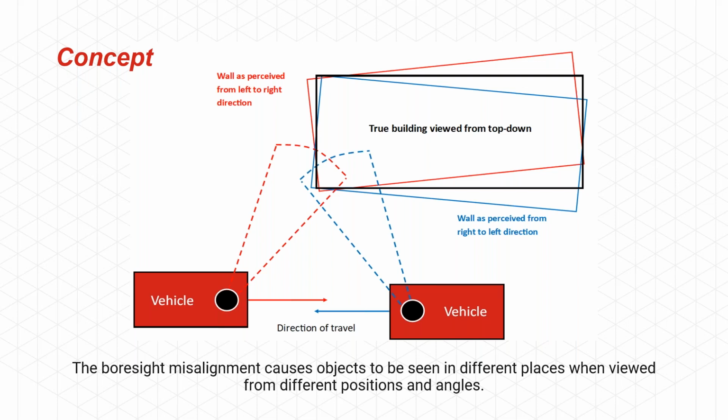Then if you view that same object from a different perspective, say if you turned around and you were viewing it from the other direction, you would have, again, a distortion and a displacement, but it will be in a different direction. And so in your point cloud, you're going to get these different profiles of the same object overlapping with each other.